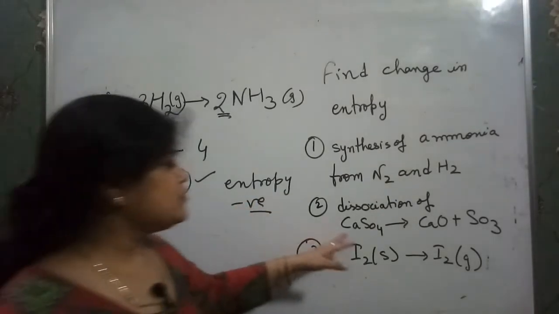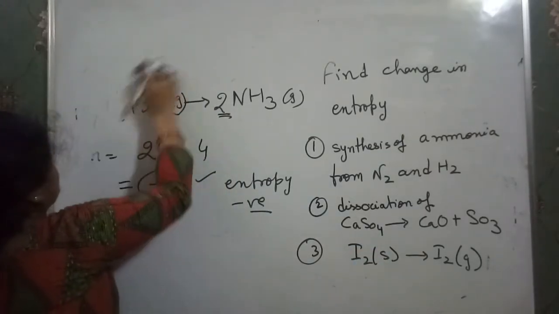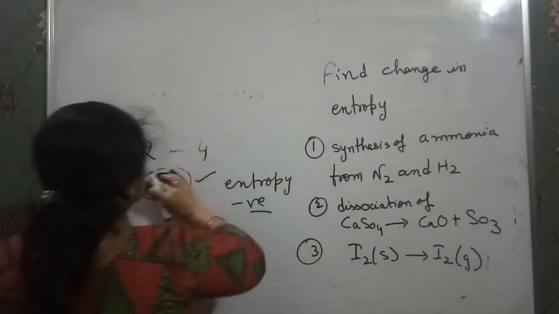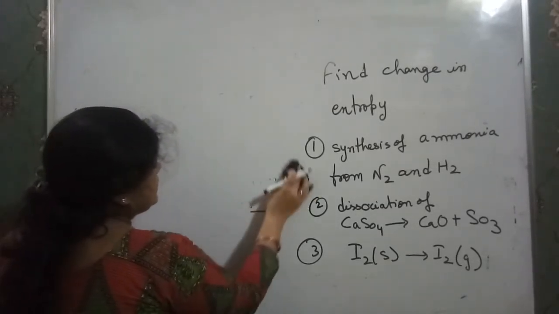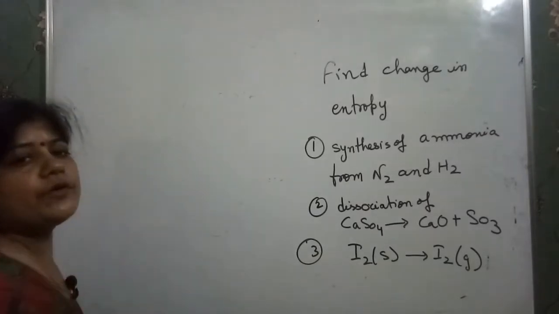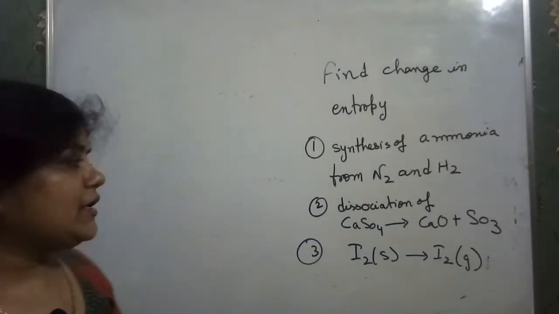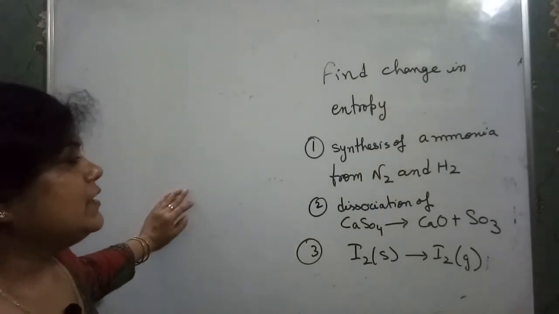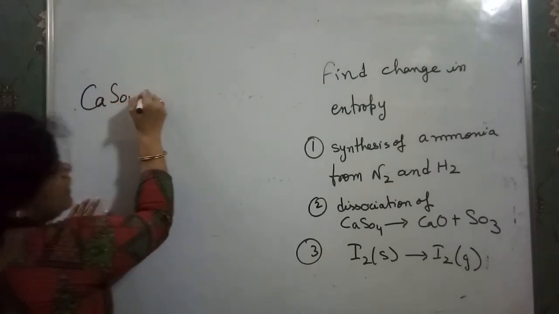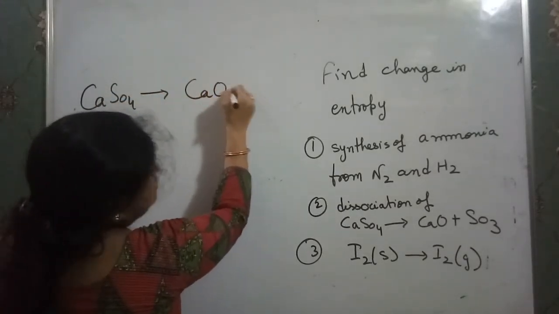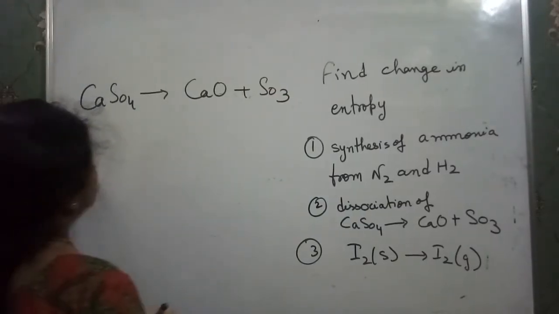Now the next case, dissociation of calcium sulfate into calcium oxide and sulfur trioxide gas. Now the next equation, you see how the entropy change occurs. We just take the difference of the number of moles formed in product and reactant. If it is positive, then the entropy change is positive, and if it is negative, then there is a decrease in the entropy. Now the second case, CaSO4 converts into CaO plus SO3. Okay, now try to balance it.